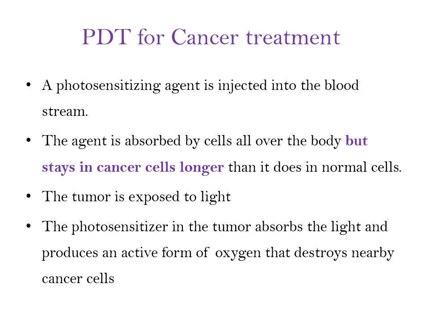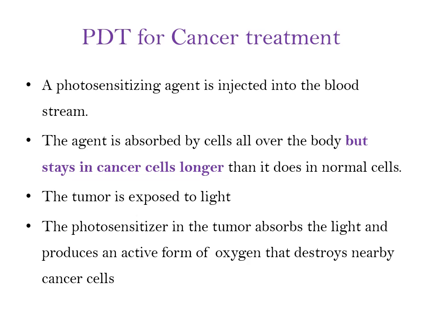Photodynamic therapy can also be used for cancer treatment. In the first step of photodynamic therapy for cancer treatment, a photosynthesizing agent will be injected into the bloodstream. Then the agent will be absorbed by cells all over the body, but stays in the cancer cells longer than it does in normal cells.